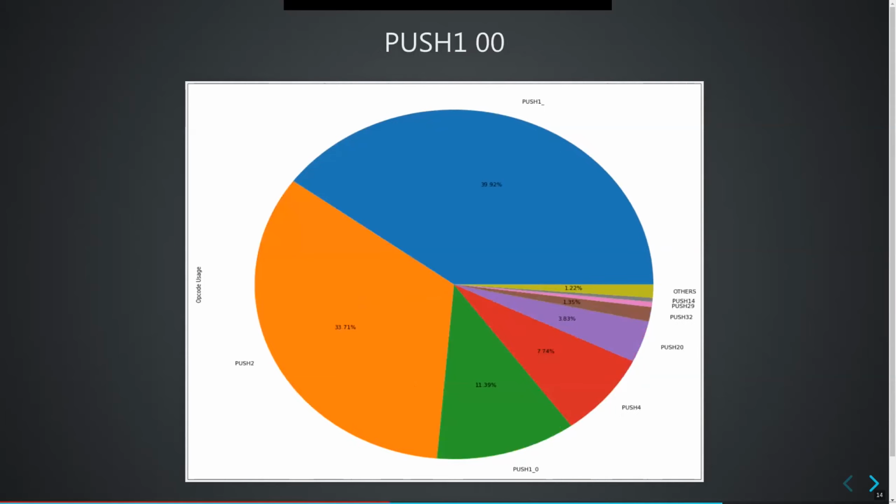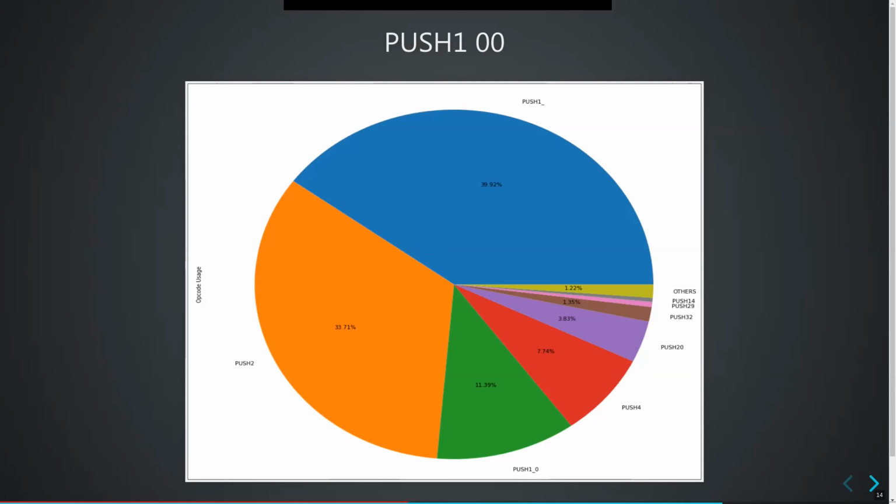And from push opcode usage, 11.39% of all the push opcodes are used to push the value 0 to the stack.